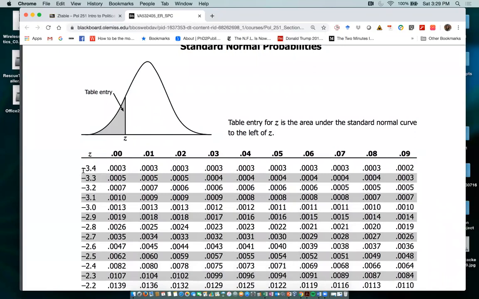So for instance, this value of 0.0003 coincides with a Z-score of negative 3.40. And then this one would be negative 3.41, 3.42, 3.43, etc. across the row.